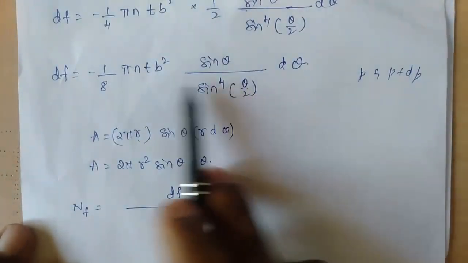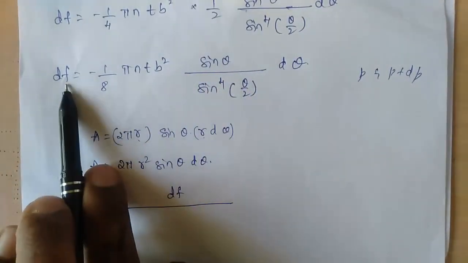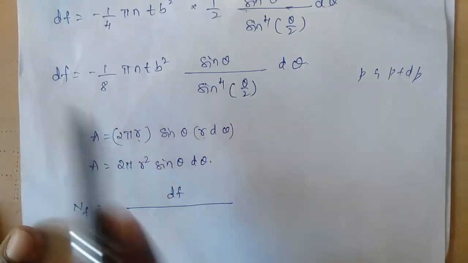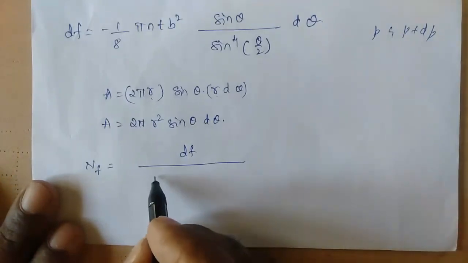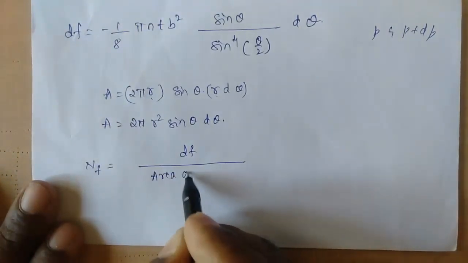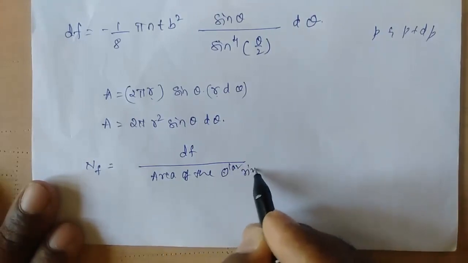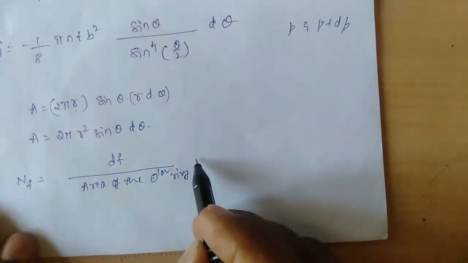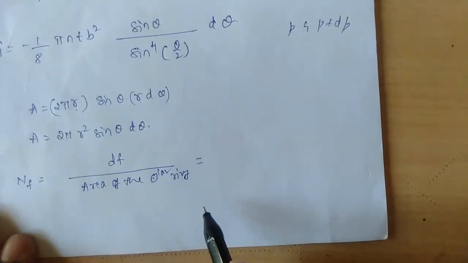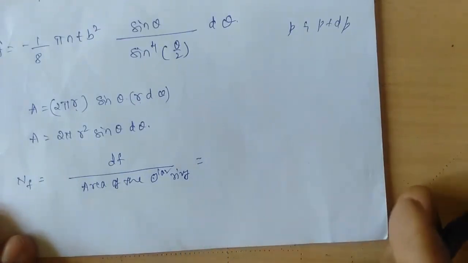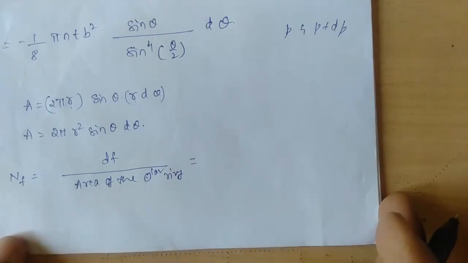So this gives the fraction of alpha particles which are scattered by an angle θ and θ + dθ, that is dF divided by the total area of the circular ring. So this is the fraction of alpha particles falling on the area of cross section of the target element placed at a distance of r.